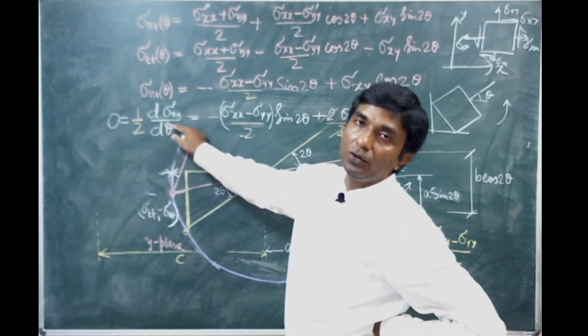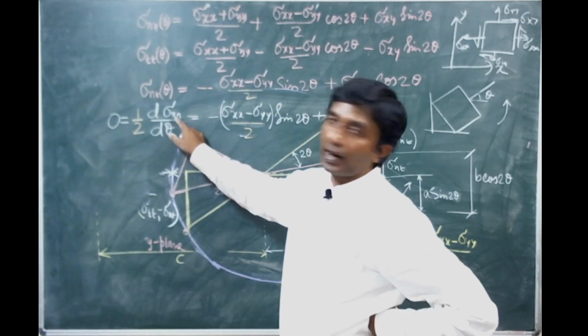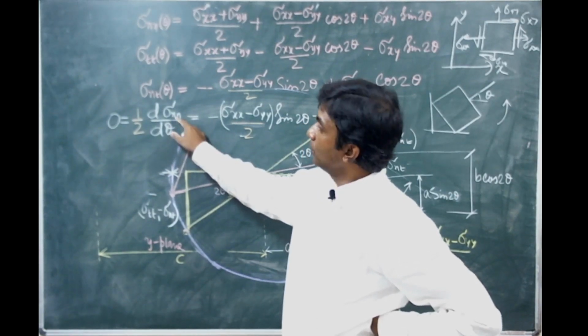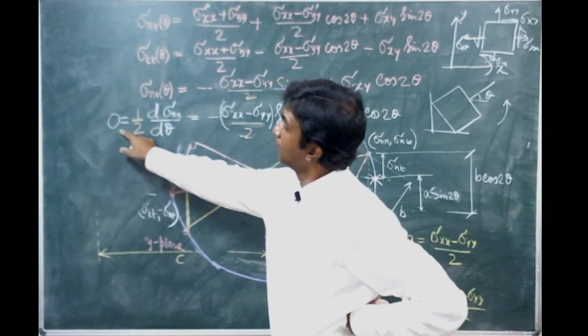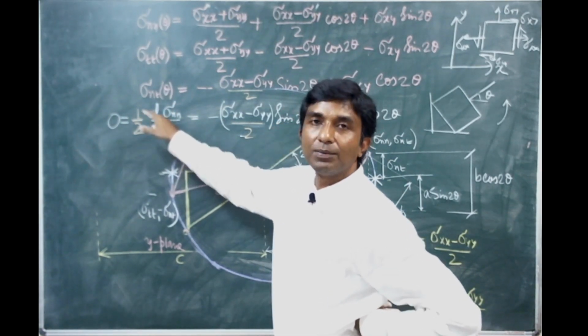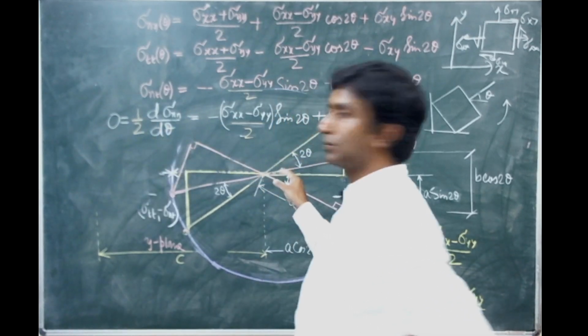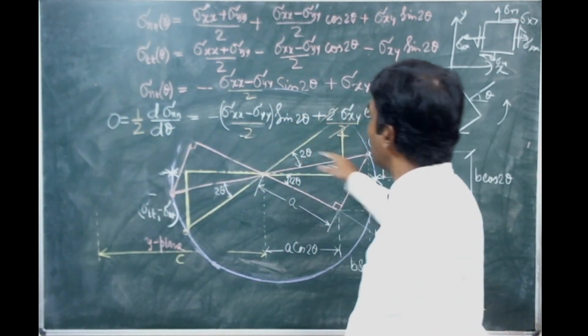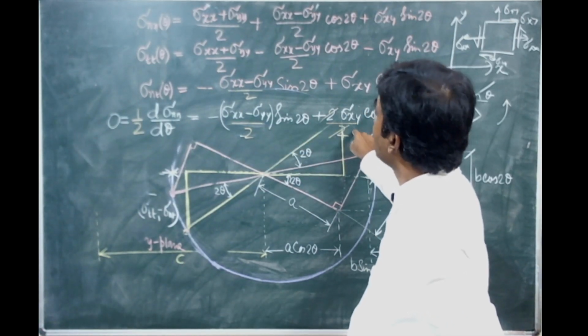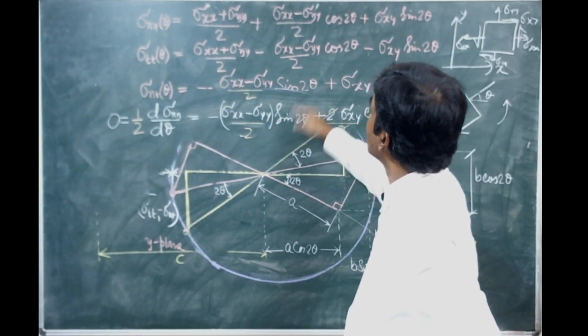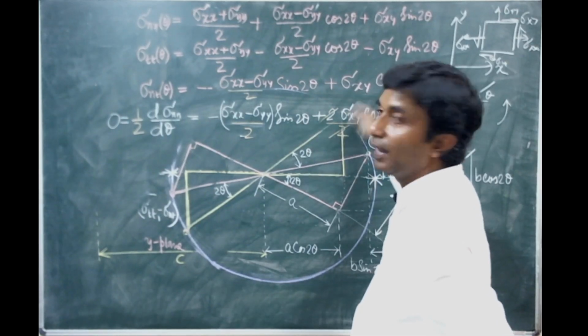For a particular value of theta where sigma nn attains its maximum or minimum value, this derivative will become 0. Additionally we are multiplying with the factor half, because we have some intention in mind. So you see that we are getting this expression. Incidentally, if we compare these 2 equations, we see that they are the same.